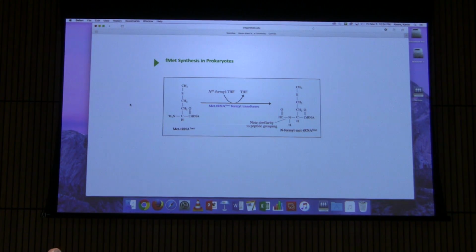Cells have a way of recognizing which is the initiator tRNA, which is the one that has the F-met, and which is internal, that is one that doesn't have the F-met. I won't go into that here, but suffice it to say that there is a way for cells to be able to distinguish those two. You can see that formyl group right here, as you can see on the screen. That formyl group is different from what was present over here.